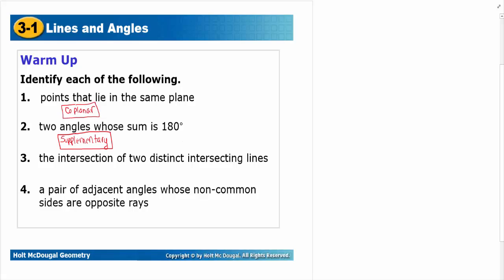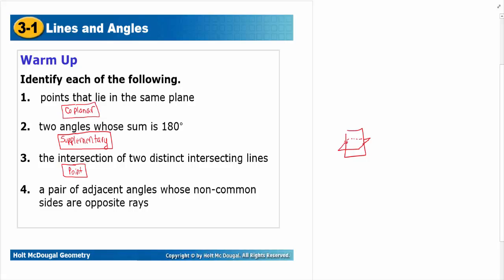Number three, the intersection of two distinct intersecting lines. You're looking at the intersection. What type of intersection do you have of two lines? That's just going to be a point. The difference there, if you had two planes that intersected, they don't always intersect in a point.